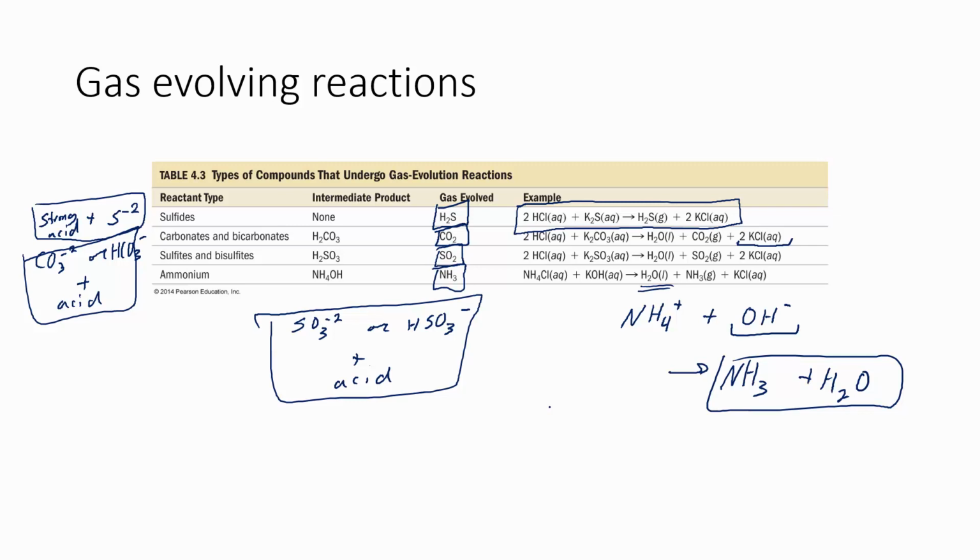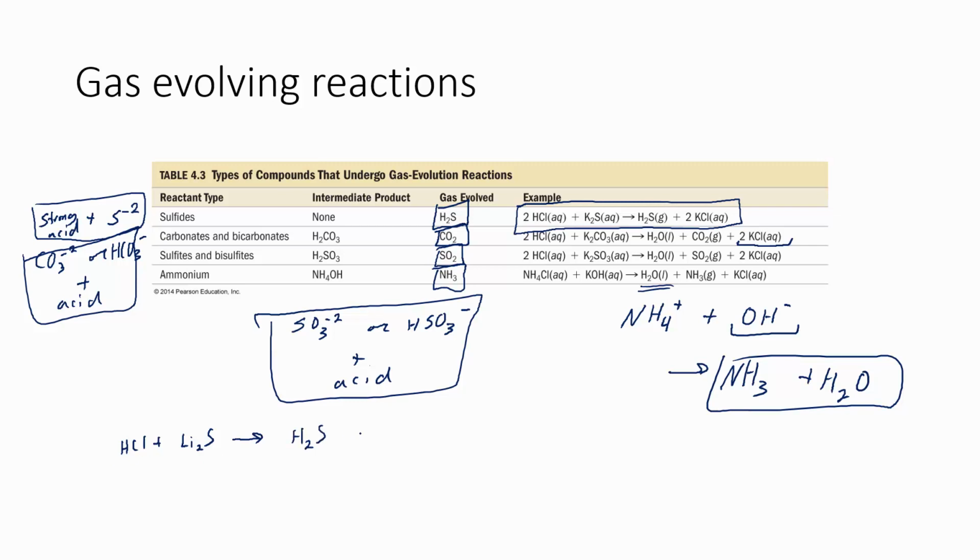So if I give you a reaction, I want you to be able to predict what the products are, but beyond that, it's no different than anything else. So let's try this. Hydrochloric acid plus lithium sulfide. All right, we see it's a sulfide, so we know we're going to get H2S gas if we mix it with an acid.